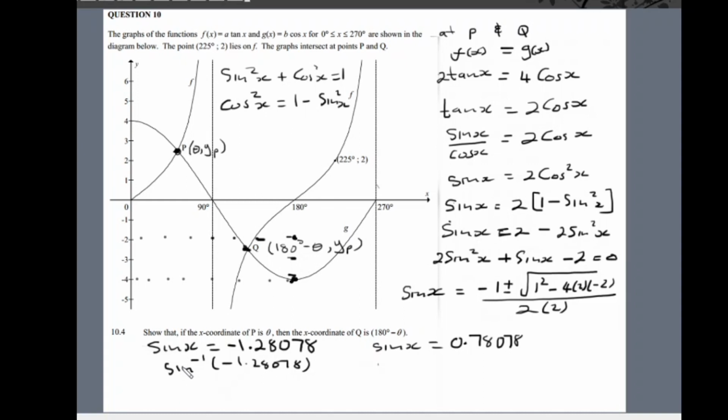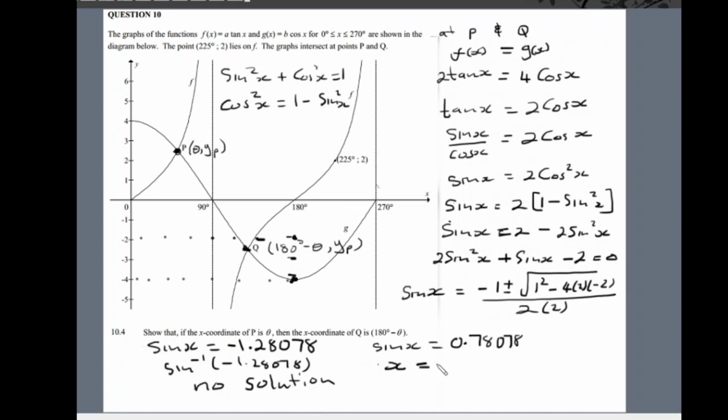Try that in your calculator. Say shift sine minus 1.28078. You will see it will give you a math error. So here there won't be any solution, right? So now we are left with this one.